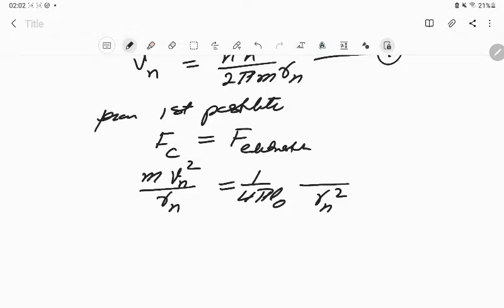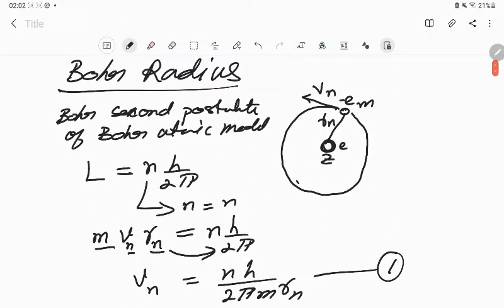Here q1 is e and q2 is Ze, the number of protons into the charge, Ze.